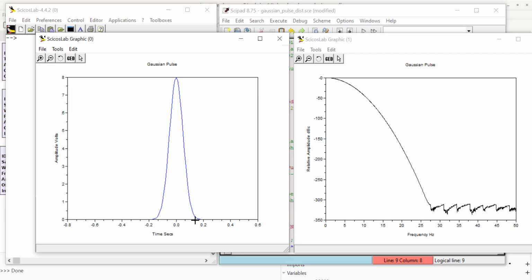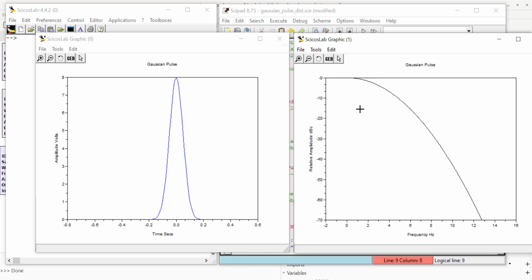It's down to 0 at almost 0.2. And you can see the spectrum here is much further out at minus 50 than it was before. So as this thing gets narrower and higher, the spectrum becomes flat. And so that shows you that with a Dirac Delta function in the time domain, you get a flat infinite spectrum in the frequency domain.